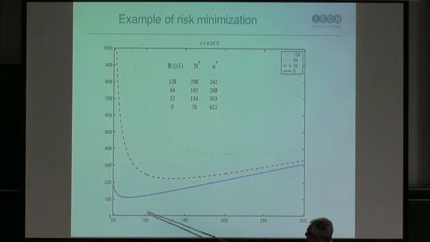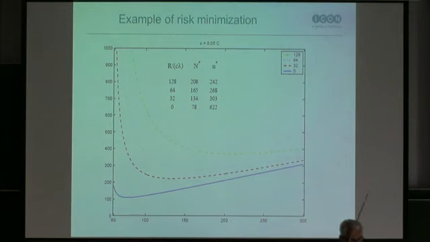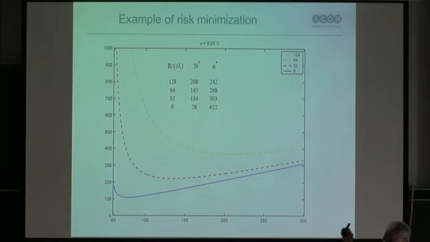You can see you need 622 patients when you have 78 sites to get the same variance, or you need 240 patients when you have 208 sites. But here there is the loss function which I have shown you a couple of slides ago.